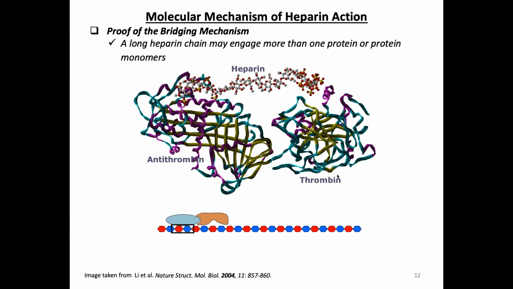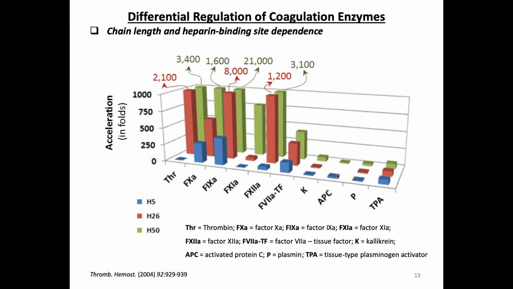Now, imagine what might happen if thrombin is binding to the chain in an opposite fashion. Then it would be a non-productive interaction. You realize that? So this is the orientation, because thrombin also has to have orientation. So without appropriate orientation, you're not going to find enhanced reaction. Okay?